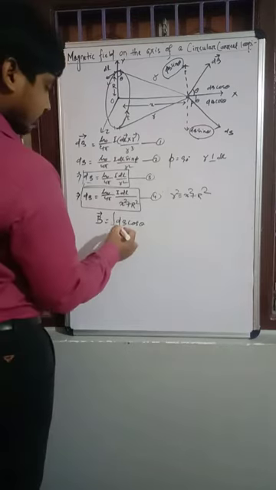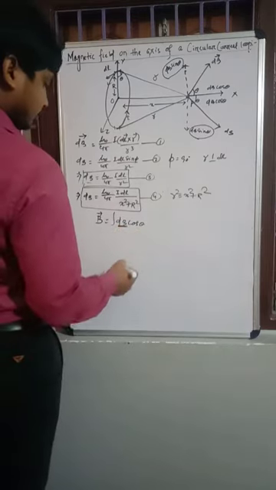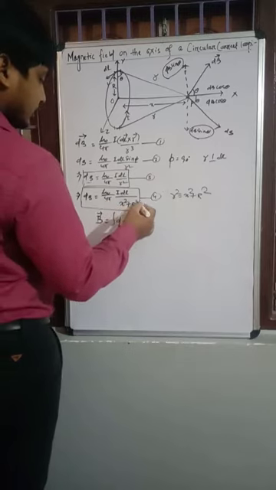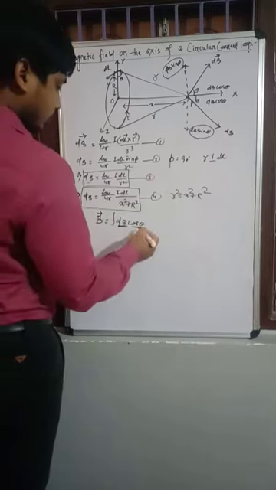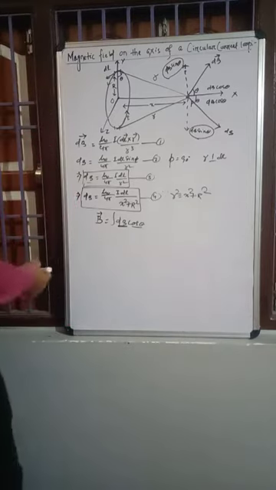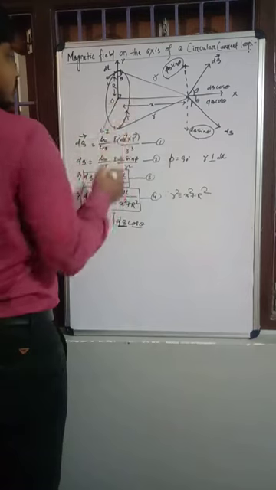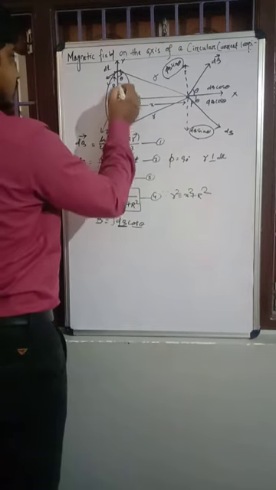So here we know the value of this dB, already derived: mu naught by 4 pi, I dl by x square plus r square. Here the only unknown one is the cos theta. You see, this is the right angle triangle, here is the theta.